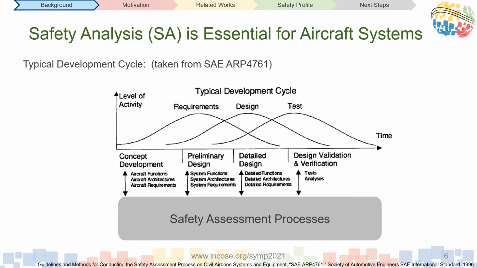As shown in this image, safety assessment begins at the conceptual design phase of the system, where preliminary safety requirements are derived. And as the design evolves throughout the development phase, the modified design must be reassessed, which often creates new safety requirements. These new requirements can then cause more design changes to occur, and hence the cycle continues up until the verification and validation activities, which ensures that the design meets the requirements.